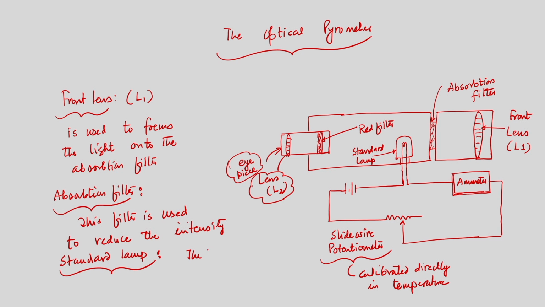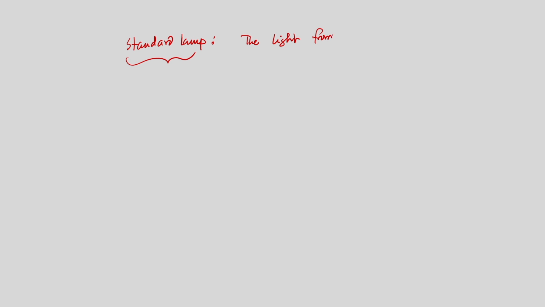I am writing on the next page that the function of the standard lamp is that the light from the absorption filter passes through the lamp to a red filter.